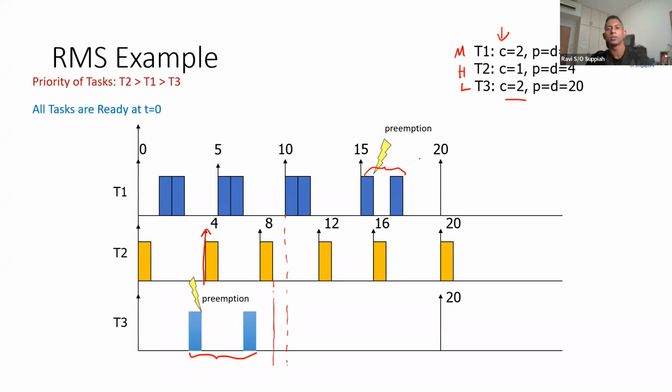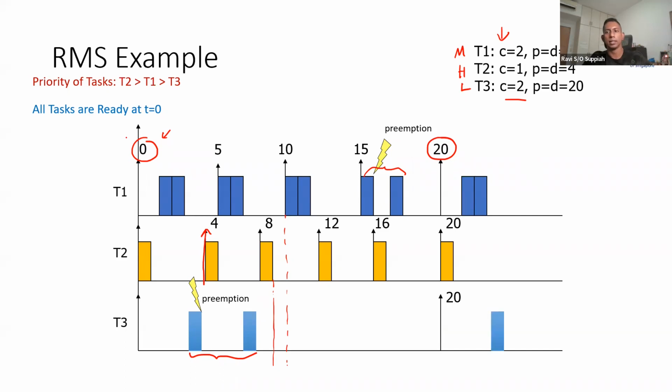If you look at time t equals 20, it is actually the same as time t equals 0, because all the tasks have completed and you are starting again from fresh. At time t equals 20, a new instance of T1, T2, and T3 all want to be launched at the same time, similar to time t equals 0. So from time t equals 20 onwards, you will have the exact same behavior as time t equals 0.